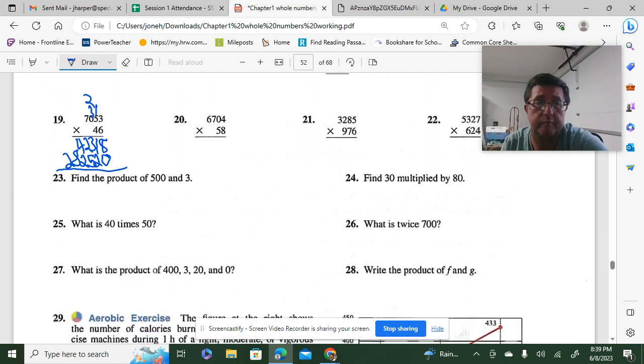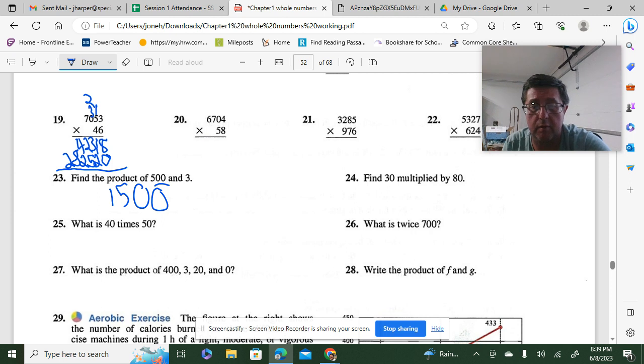Okay. Find the product of 503. Remember, product is what you get, is your answer to a multiplication problem. So you just go 3 times 500, which you could just do 3 times 5 is 15 and then tack on the 2 zeros.